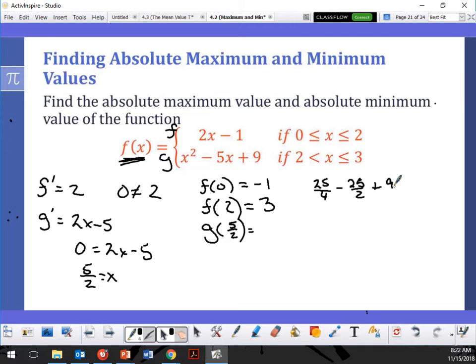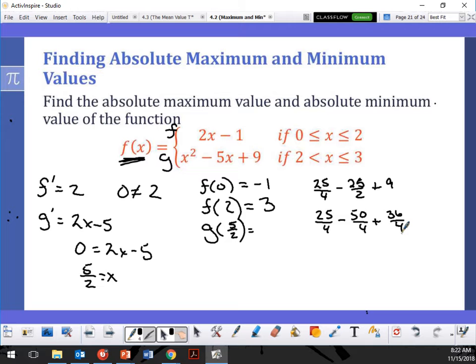So that's going to be 25 over 4 minus 50 over 4 plus 36 over 4. So it's 25 plus 36 is 61.